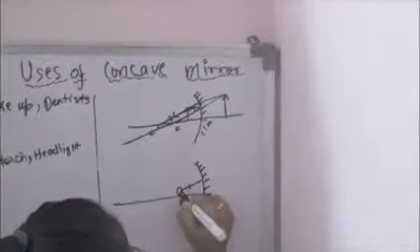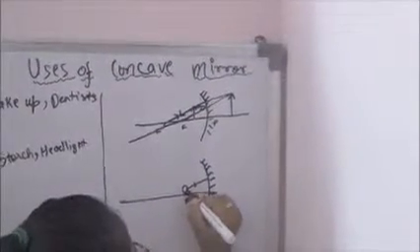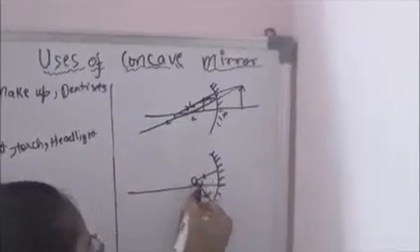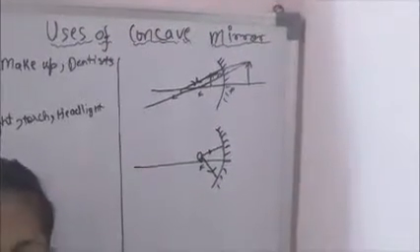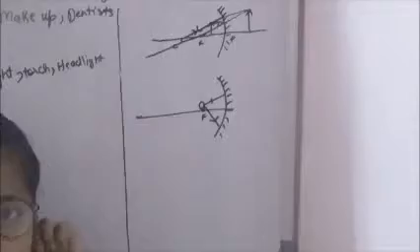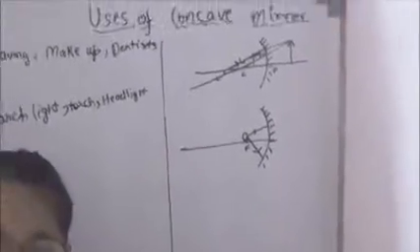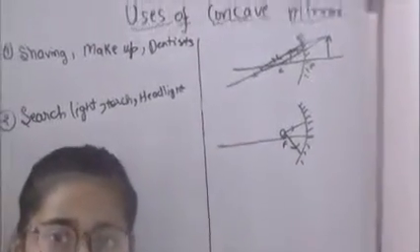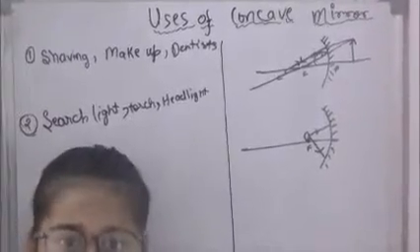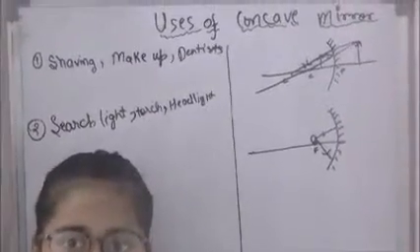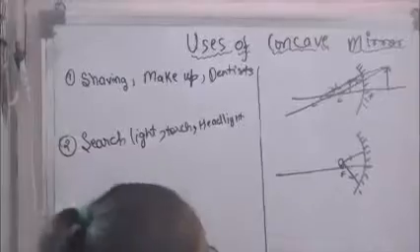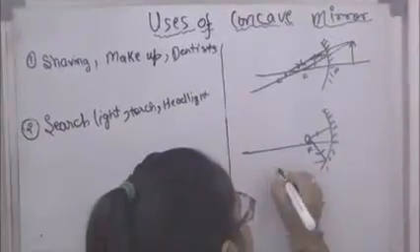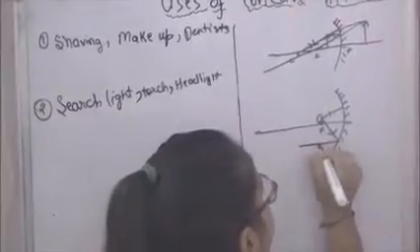Now this is the principal focus. Now at the principal focus we are placing the bulb. Now rays of light are incident to the concave reflector from the bulb. So as per rules for obtaining images by concave mirror, the incident rays passing from the principal focus become parallel to the principal axis after reflection. So here they become parallel to the principal axis.